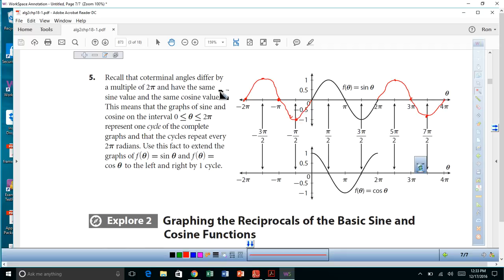Now, notice this is the sine here. That's sine theta. And notice how it goes through the origin. Cosine theta, a little bit different.